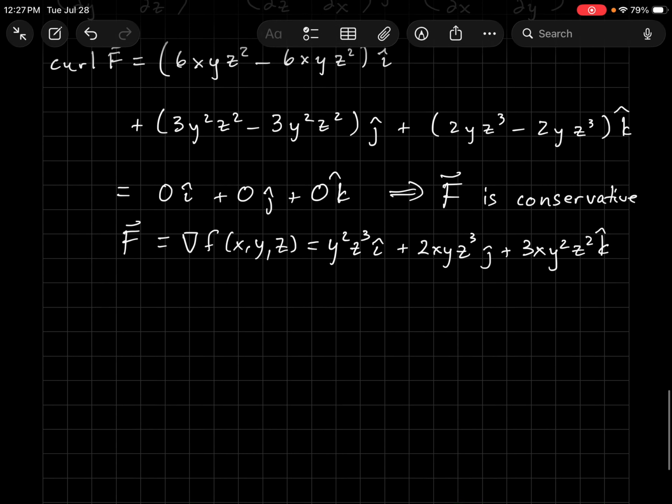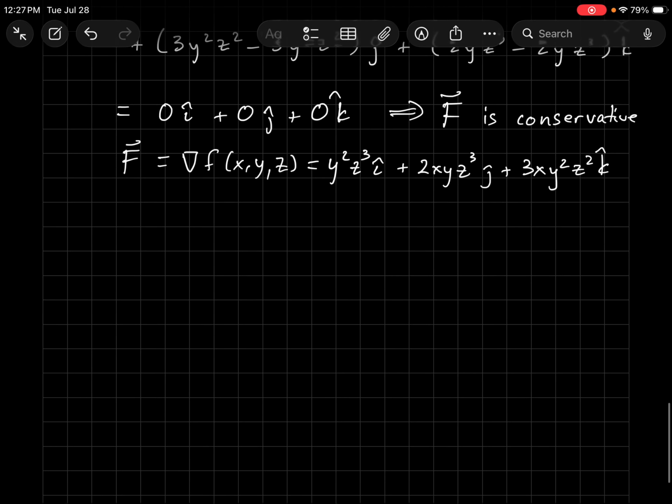And we've done stuff like this before, where we found f of x, y, z is going to be the integral of the partial of f with respect to x dx. So this first part is the partial of f with respect to x.